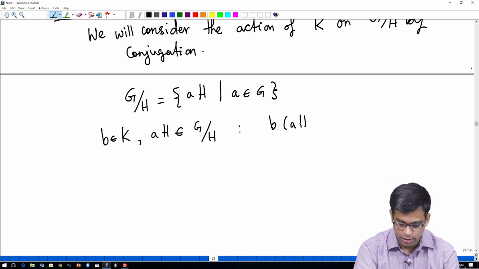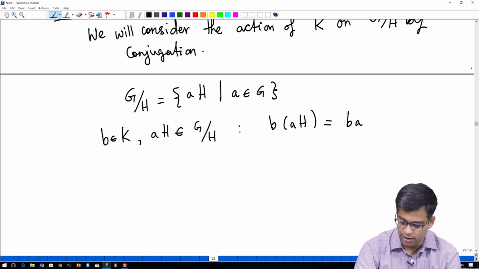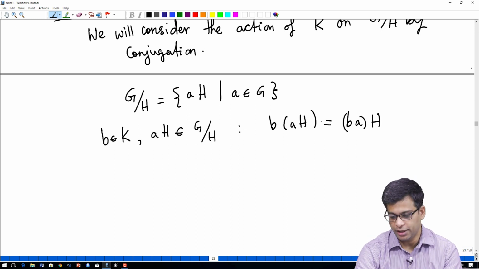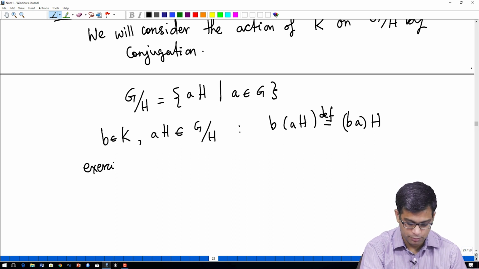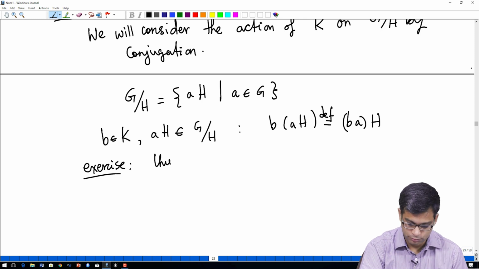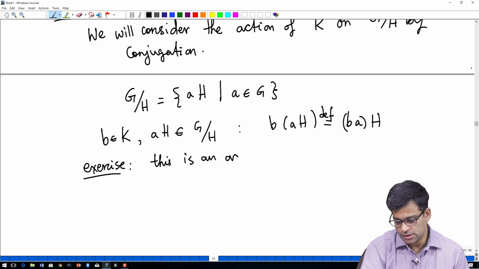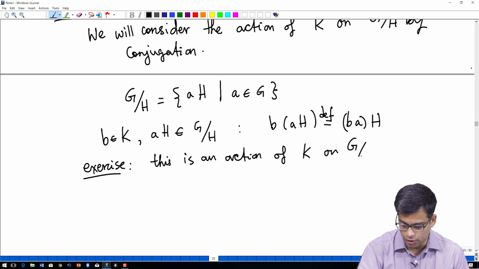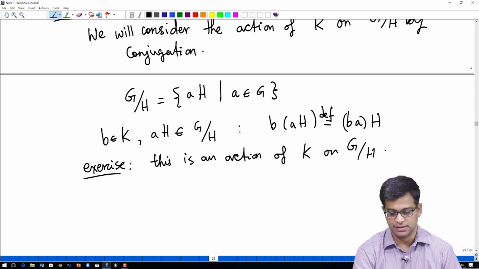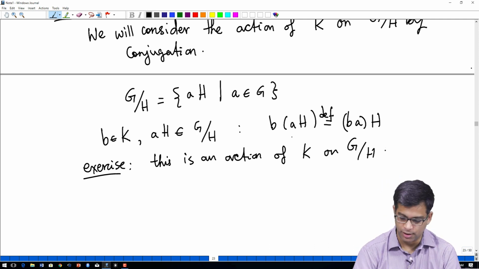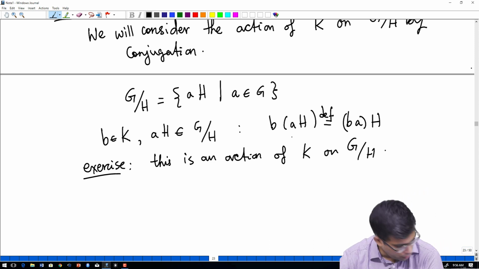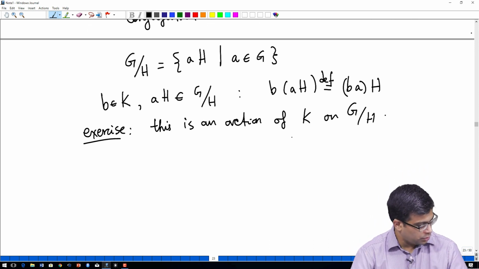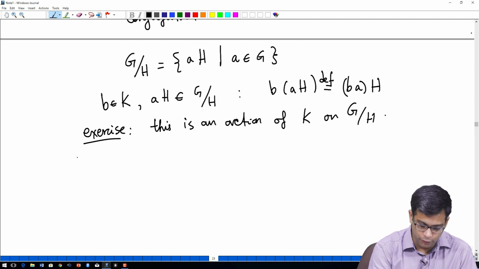So, B times AH, no surprise here, it is simply BA times H. B times AH is defined to be BA times H, and it is easy to check that this is an action of K on G mod H, because the identity element acts as identity and the associativity naturally holds.